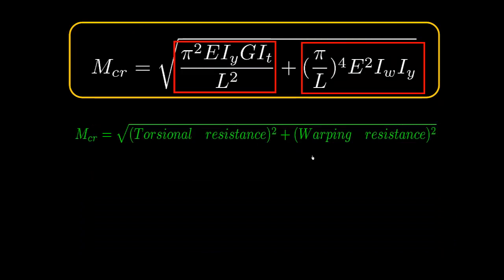So there are two terms, one is this one, another is this one, and the first term is related to torsional resistance, another term is related to warping resistance. Basically we can write M critical is equal to the square root of torsional resistance squared plus warping resistance squared. So if you take the root of this term, that is related to torsional resistance, and if you take the root of this term, this is related to warping resistance of the flange section.